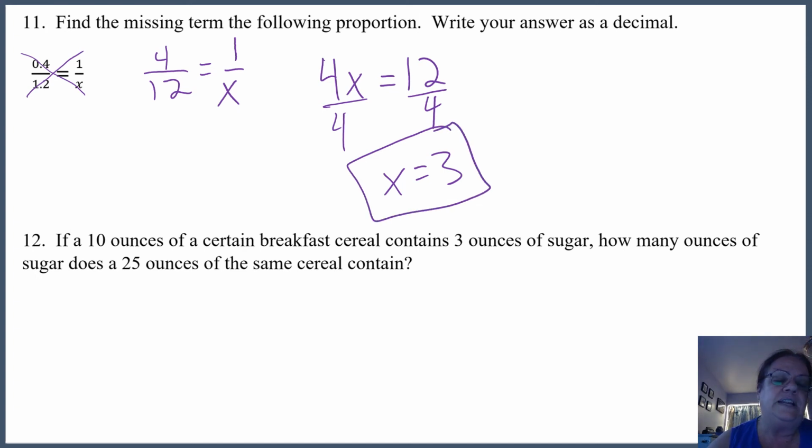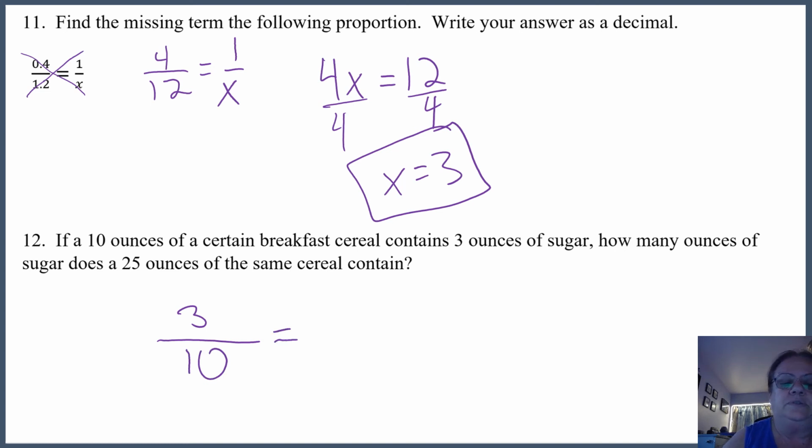All right, if 10 ounces of a certain breakfast cereal contain 3 ounces of sugar, how many ounces of sugar does a 25 ounce box contain? Okay, so the ounces of sugar is our x, so we put those on top: 3 ounces of sugar to 10 ounces of breakfast cereal is equal to how many ounces of sugar for 25 ounces of cereal? Cross multiply, we get 75 equals 10x.